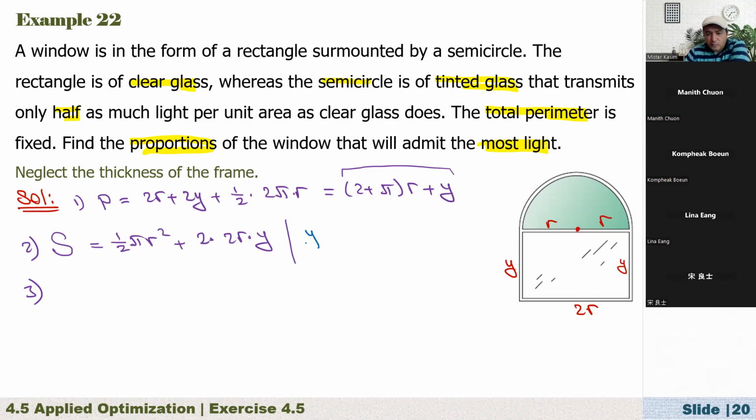Y is equal to P minus 2 plus pi times R. Now if I substitute here, this S becomes just a function of R. So here we have pi over 2 R squared plus 4 times R, times Y, where Y is P minus 2 plus pi R.